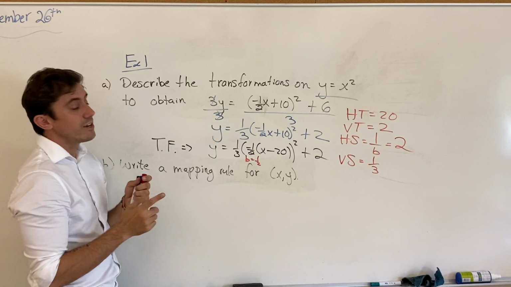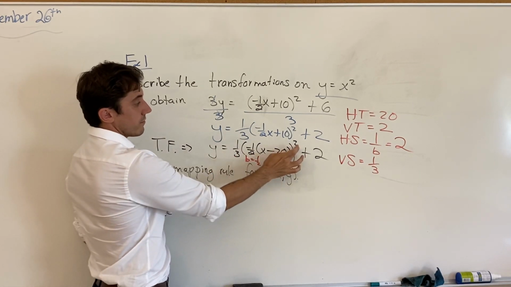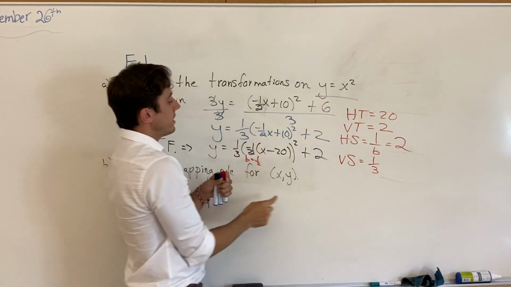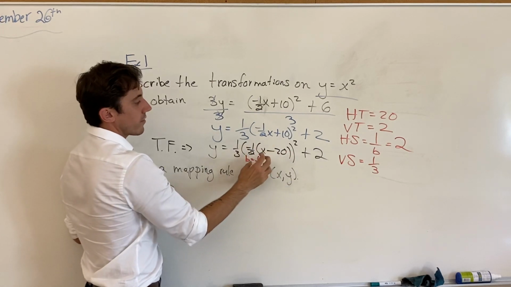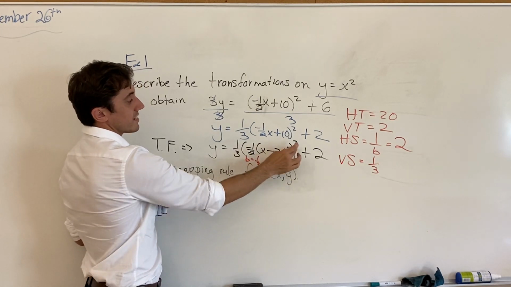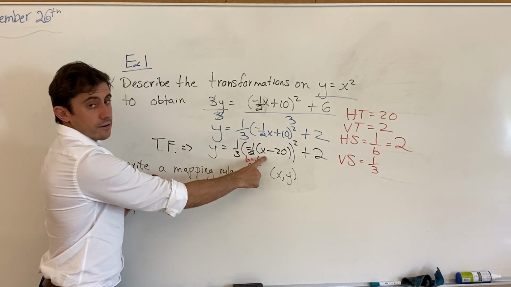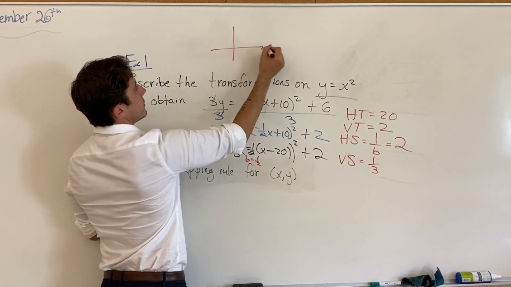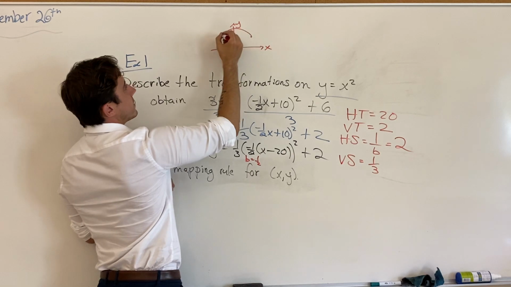And finally, we do have a reflection. The reflection is not outside of the square, right, which is really our original parent function. The negative is tapped into the part of our function that is being squared, and so that negative is attached to the x, okay? So that means that we're going to have a reflection, if we can imagine our graph, we're going to have the x value be reflected, right?